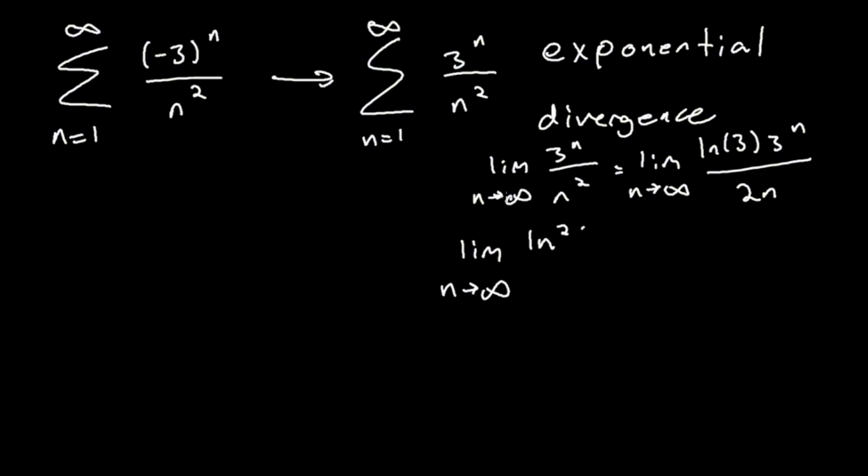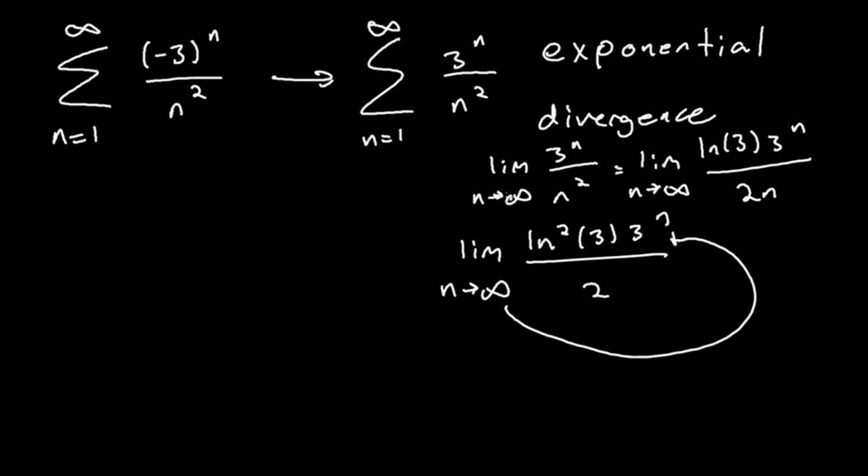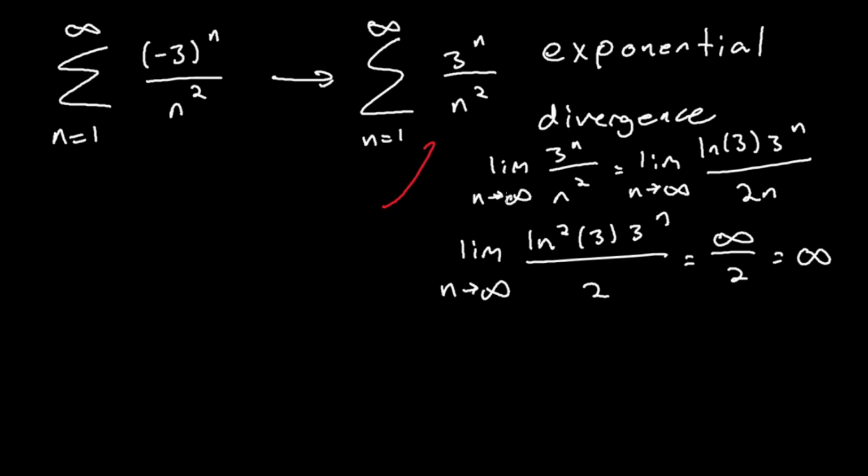So the natural logarithm of 3 squared times 3^n over 2. Okay, well, if you take the limit of this guy right here, you simply get infinity in the numerator over 2, which is just equal to infinity. And since the divergence test states that if the limit doesn't equal 0, your series diverges, this guy does not equal 0. Okay, so this series diverges. Absolutely, of course.